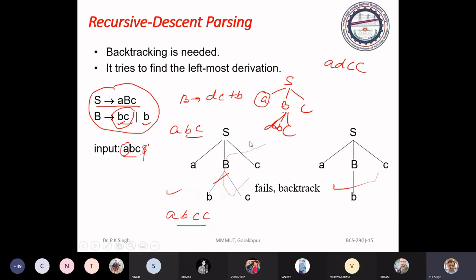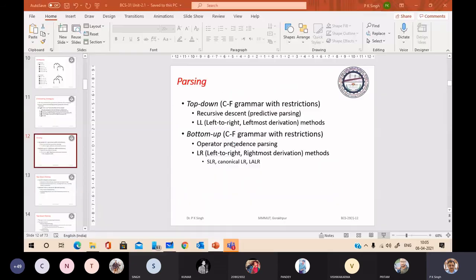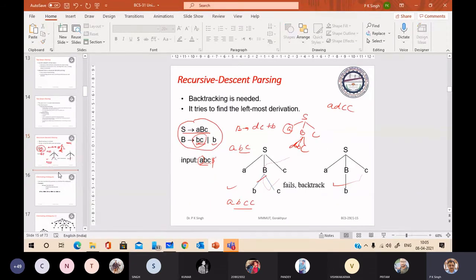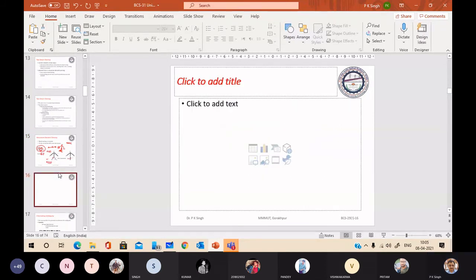Similarly, just see. Okay. You can see we have already discussed. Consider the case of operator grammar. We have already discussed the top-down parsing.